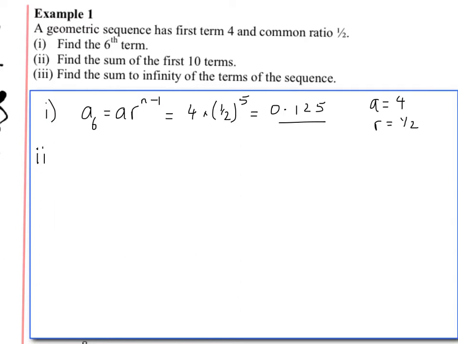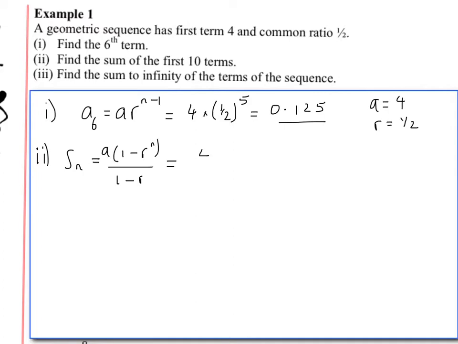Now the second part, find the sum of the first 10 terms. Since we've got r equals a half, the formula we can use is the one where we subtract the r, so we'll have the 1 - r^n over here.